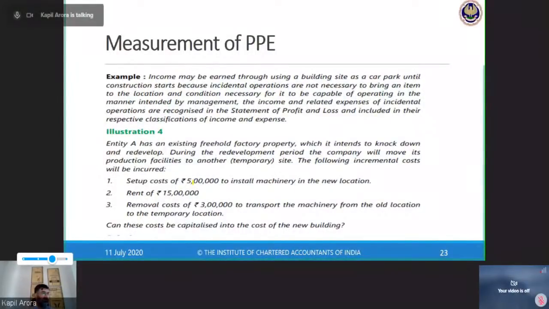Okay. We say that the cost of employee training will never be added in the value of asset. Why? Because let's assume you have trained the people, but you never know whether those people are going to stay with the company or not.